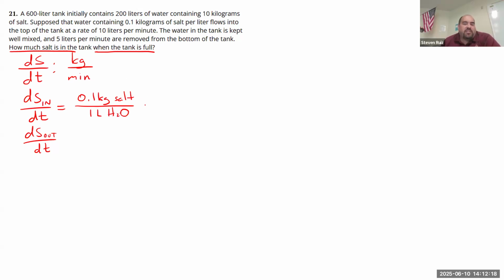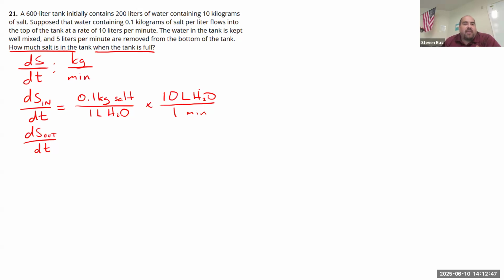So that's kilograms per liter, which is not what we want. So I hopefully have a way to multiply this by the number of liters of water coming into this tank every minute, which is what the rest of this says. And that water is flowing into this tank at 10 liters per minute. So that's my rate in, at least part of it.